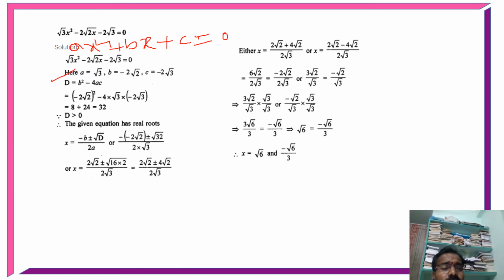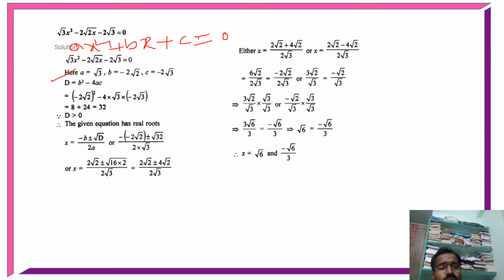If you observe here, (−2√2)² − 4 × √3 × (−2√3). Minus into minus is plus. 2² is 4, √2² is 2, so 4 × 2 is 8. Then minus into minus is plus, 4 × 2 is 8, √3 × √3 is 3, 8 × 3 is 24.